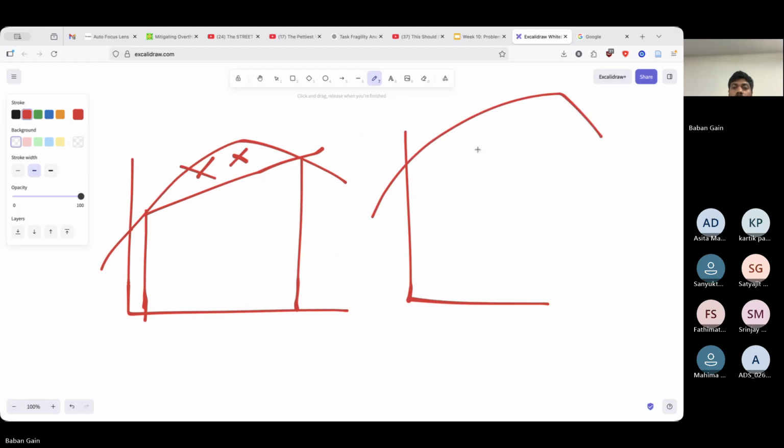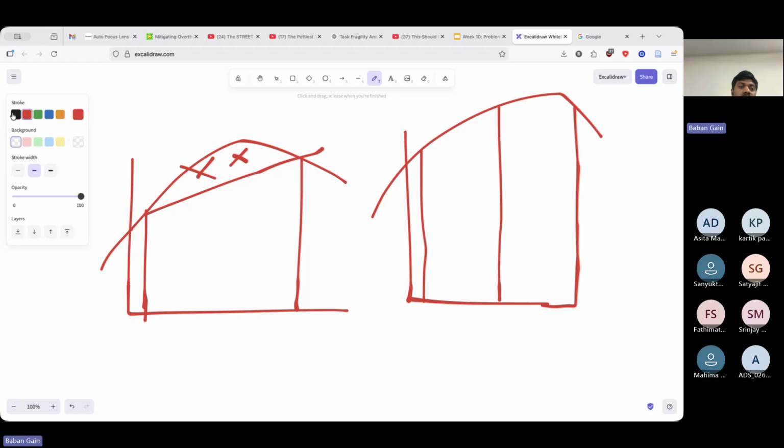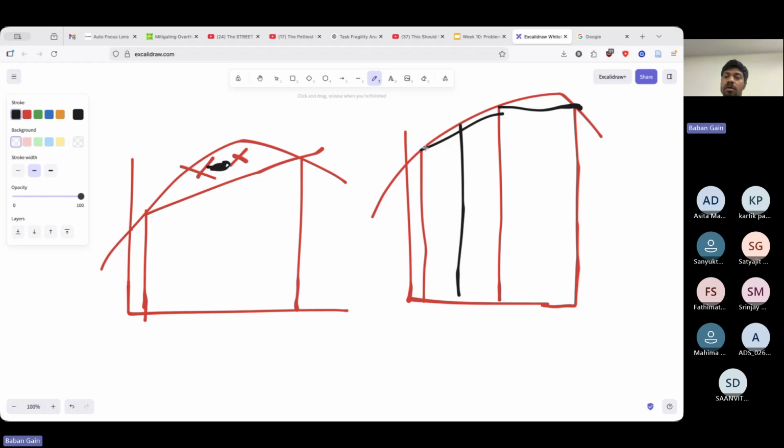Let's assume this and maybe this. So instead of one, I am drawing another one here, and I'm connecting it like this. You see the area missing here was quite large, but here it is somewhat similar. This is not to scale, but you get the point. The more trapeziums you draw, the missing space will be lower and lower.